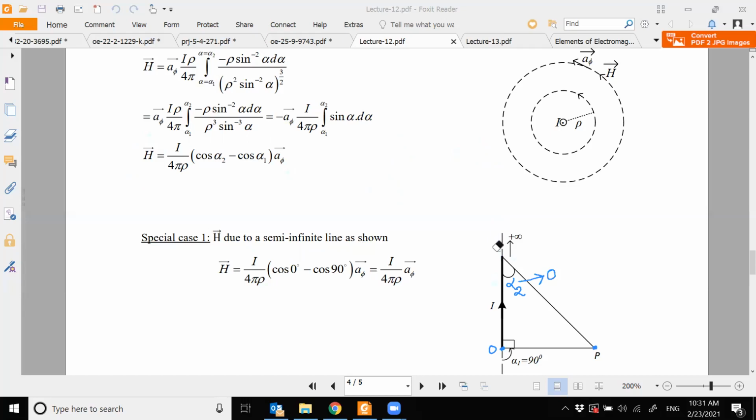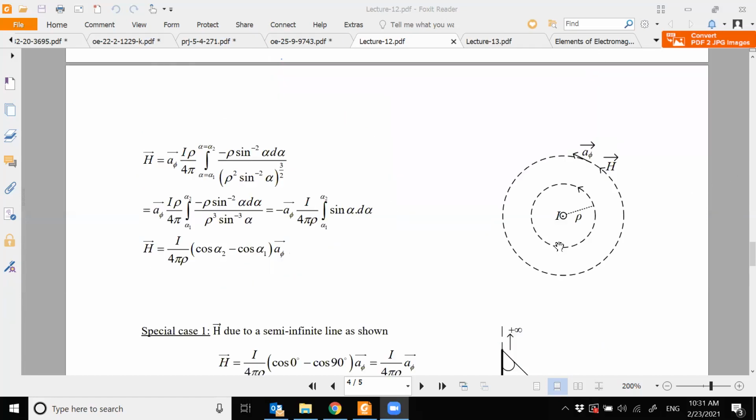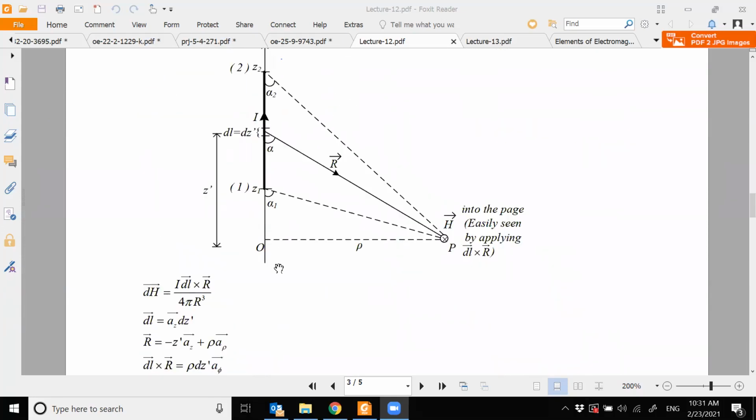And what is rho? Remember, rho will always be the perpendicular distance. It's very important. This I also emphasized in the electrostatic case. It's the perpendicular distance, not this distance. So you have to extend this and find the perpendicular distance between your observation point P and your source.